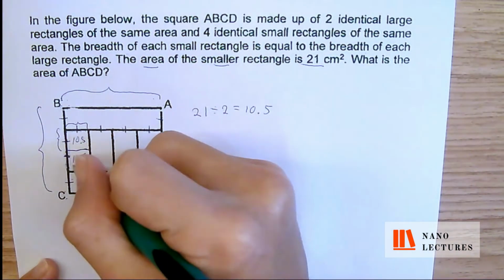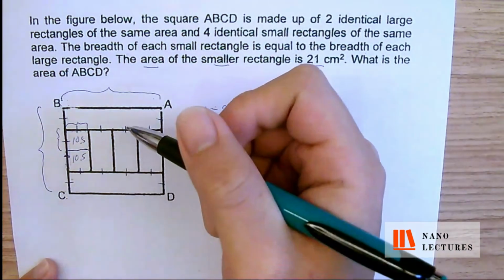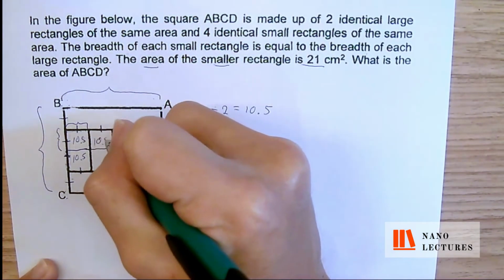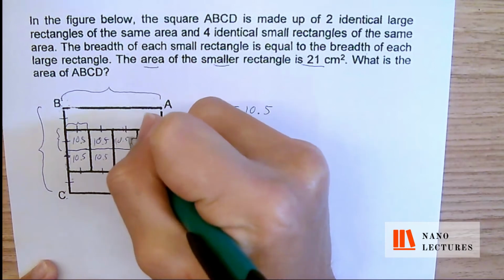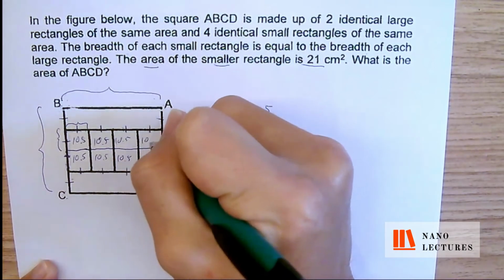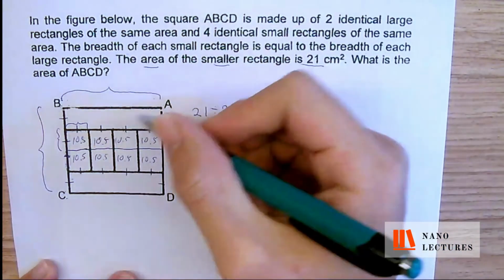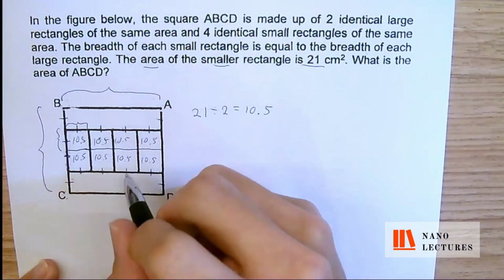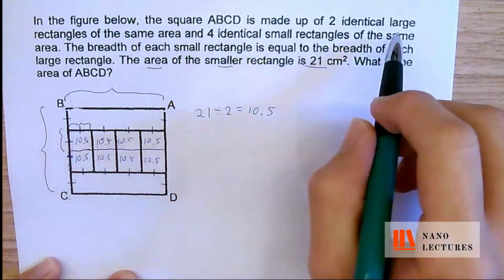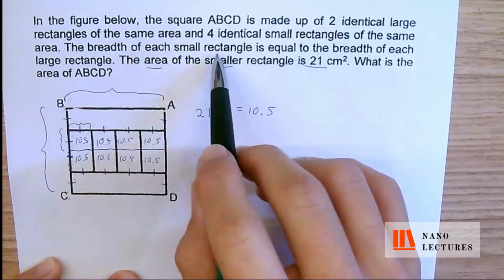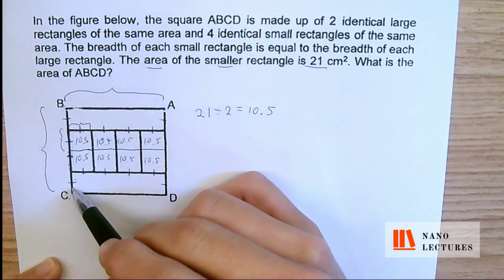Okay, so if this is a square, right now let's cut up all the 10.5 together. So I'm going to cut all of them up. This is 10.5, 10.5, 10.5, 10.5, 10.5, 10.5. Now, they told us there are 2 identical large rectangles, and the breadth of each small rectangle is the same as the breadth of the large rectangle.